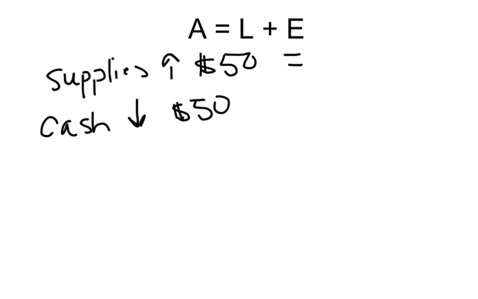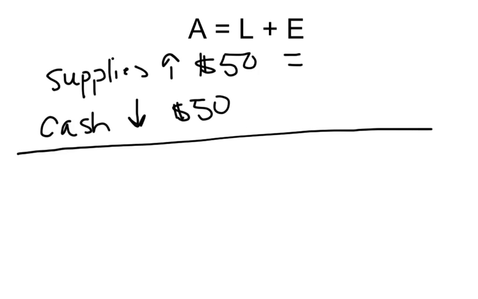What if, let's take the same scenario, we purchased supplies again, but this time we purchased them on account. If you see that term on account, it can mean one of 2 things. It can refer to when you do something and you have not yet paid for it, or when you've provided a good or service to someone else and they have not yet paid you for it.